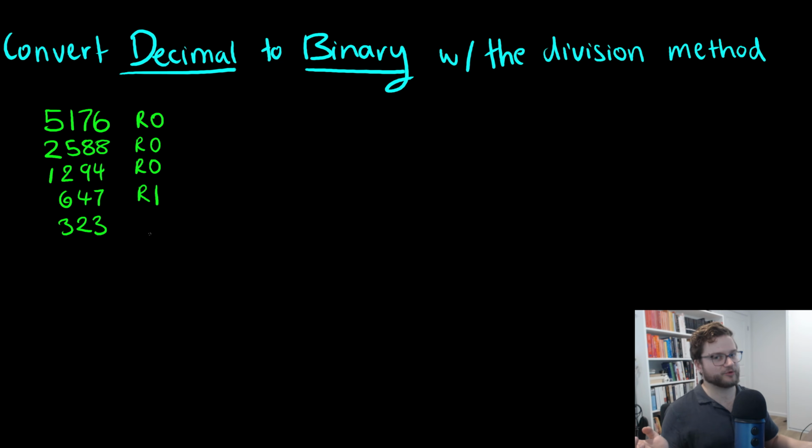So we can separate it out like this: 323 plus 323 plus what's left over, plus 1, is 647. Okay, great. Now we've written the remainder here, which means we don't need to include it in the number anymore. So we're going to continue dividing, but not use the 0.5.